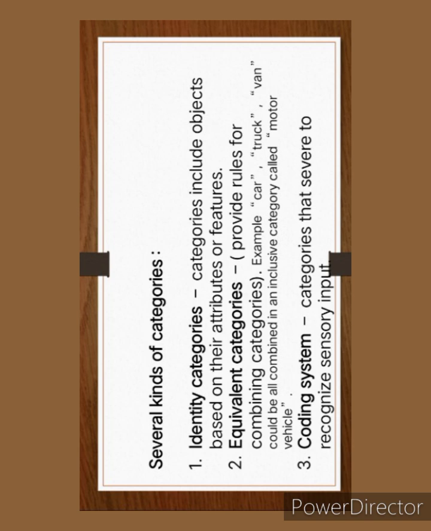Bruner suggests that the learners develop an internal coding system to organize and interpret information. This system helps individuals make connections between new and existing knowledge. For instance, students may use mnemonic devices or visuals to code information for better retention and recall.